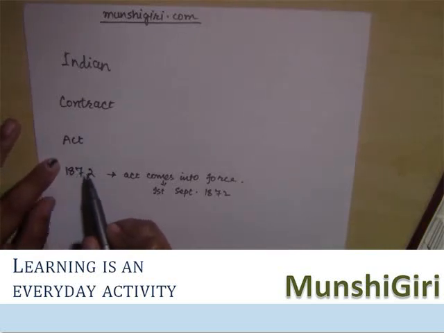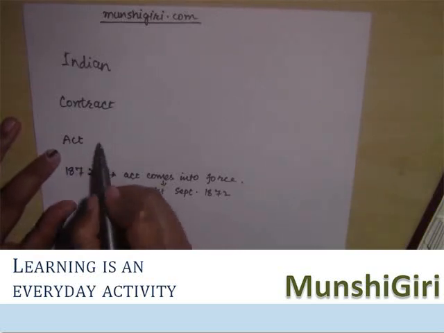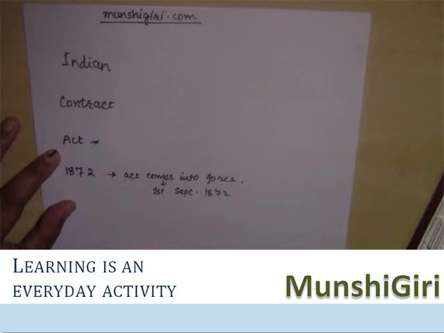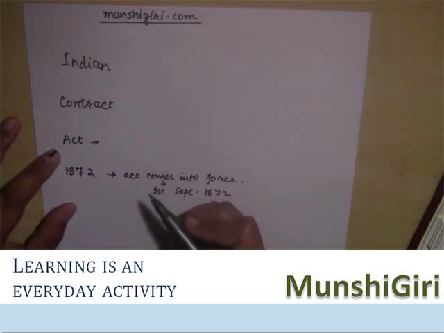Coming to Act. Now the question arises, how does an act come into effect? So we'll discuss that. When a draft bill is passed by both the houses of parliament. You know the houses of parliament? The first is the Lok Sabha and then the Rajya Sabha.